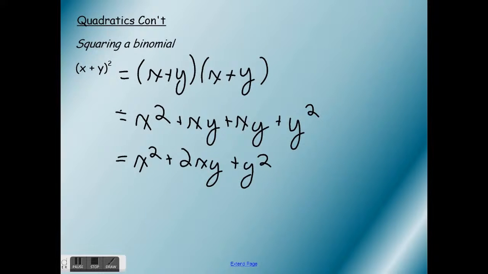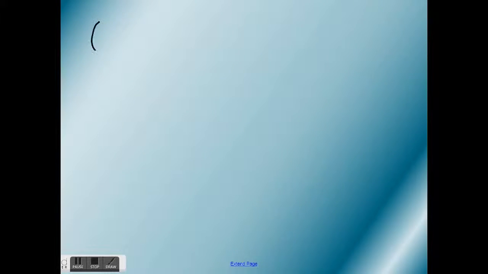So let's say, just as an example, I had x minus 3 squared. The first term will be x squared. The last term will be plus 9, right? Minus 3 times minus 3.